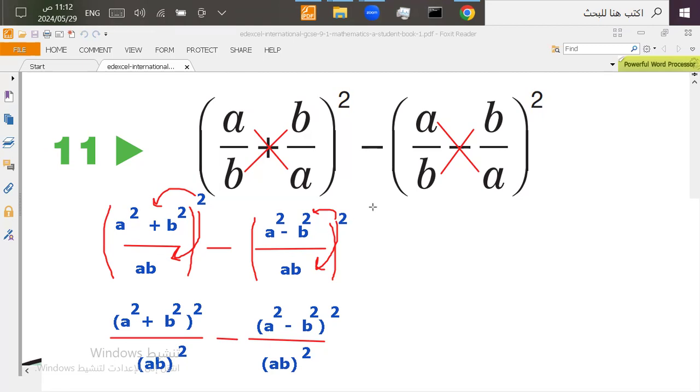Let's put a line here. So I'll put them on the same denominator and I'll do the calculations that I have. So the denominator down will be AB squared, like this. Because they have the same denominator and the negative sign will be multiplied by these. Now I'm going to put these into brackets like this.